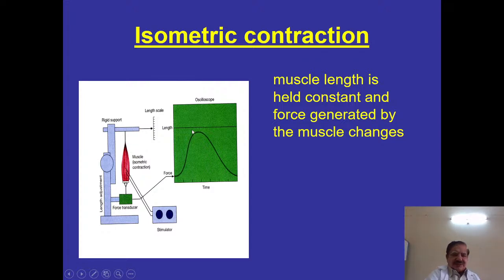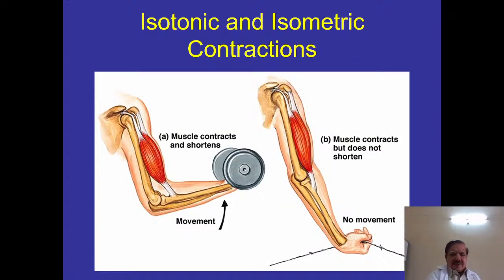The force is increased. This is isotonic and this is isometric. Muscle contracts but does not shorten.